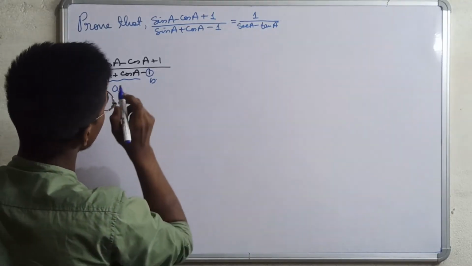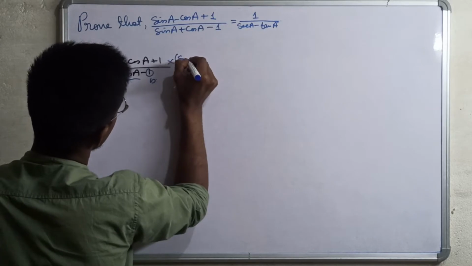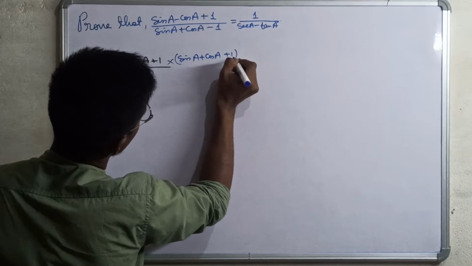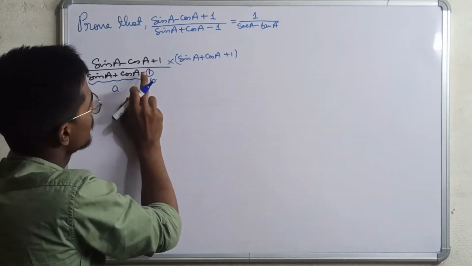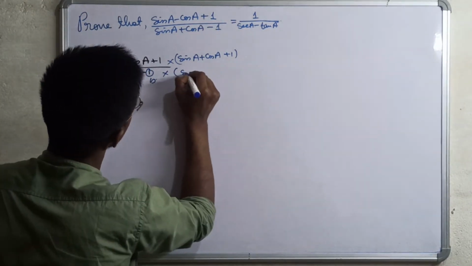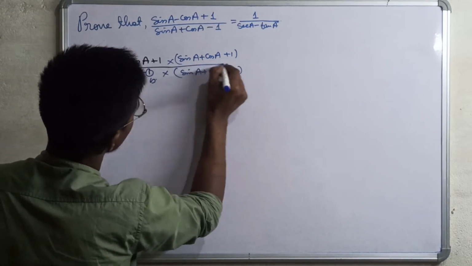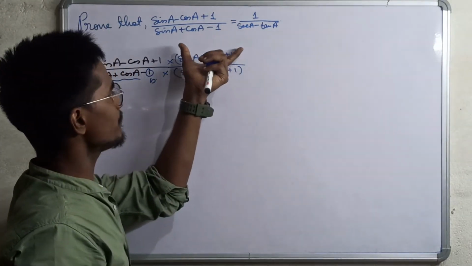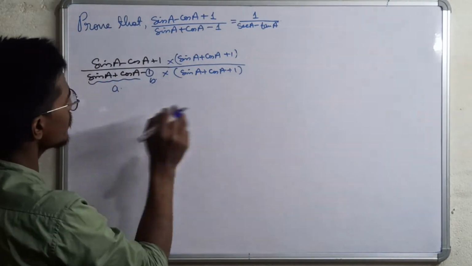I will rationalize it as sin a plus cos a plus 1, because the minus will get inverted into plus while rationalizing. We always rationalize this way: if we have a minus b, we rationalize it with a plus b, and in the numerator we also put a plus b.